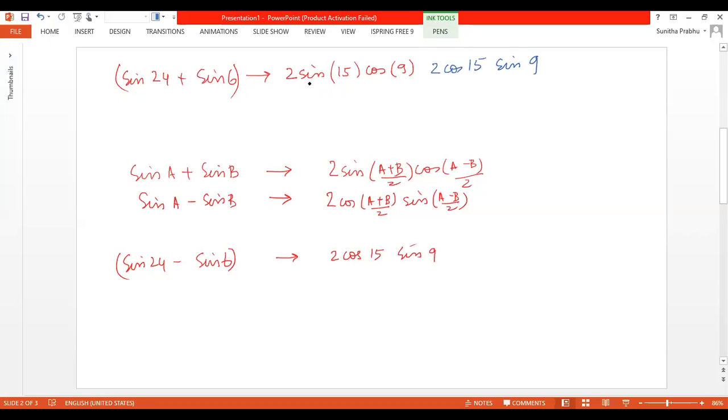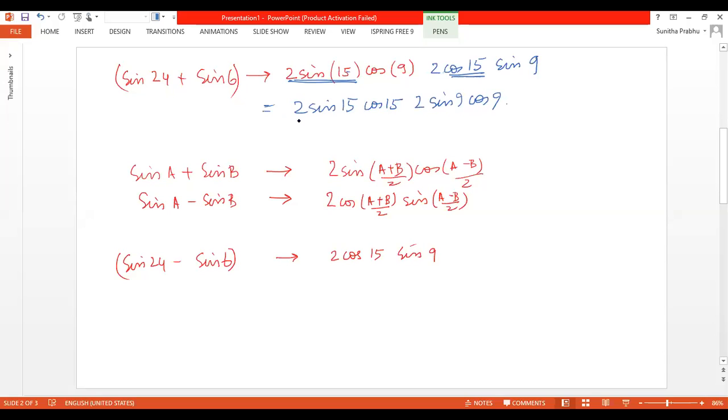But we know one identity, 2 sine theta cos theta. See here, angle should match, theta theta. So I can write this as 2 sine 15 cos 15. I'm rearranging them. And this 2 I'm keeping here, 2 sine 9 cos 9.